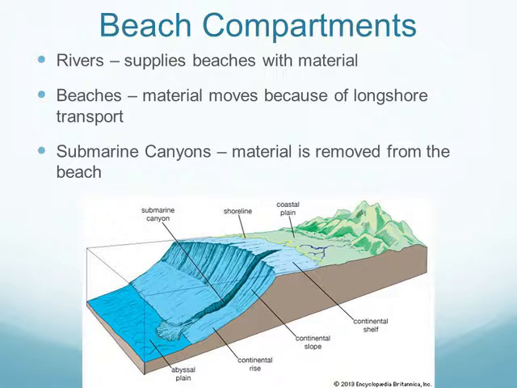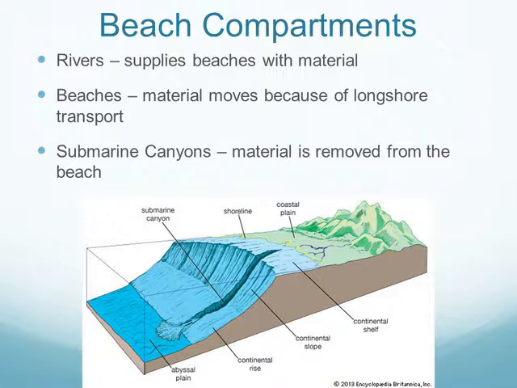But essentially the 3 steps are rivers, beaches, and submarine canyons. All right, so step 1 starts with rivers, and the rivers supply the material to the beaches. So the material from the mountains that is eroded gets transported to the beaches by the rivers. So that's your step 1.